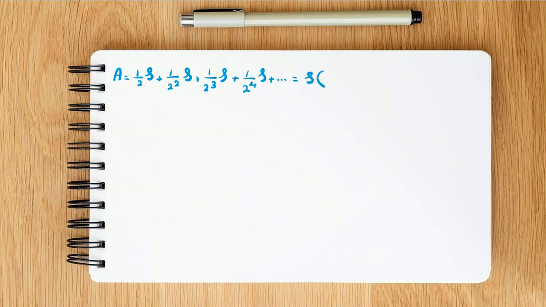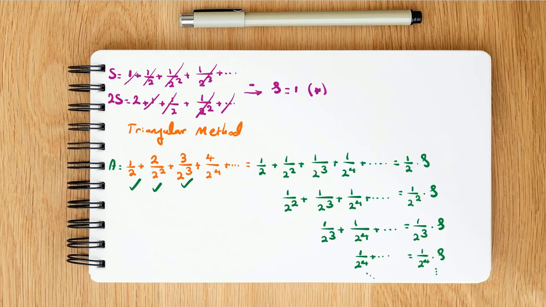If we factor out S, it will be 1/2 + 1/2² + 1/2³ and so on. Sorry, here S is 2, not 1, because 2 is left here. So S is 2.